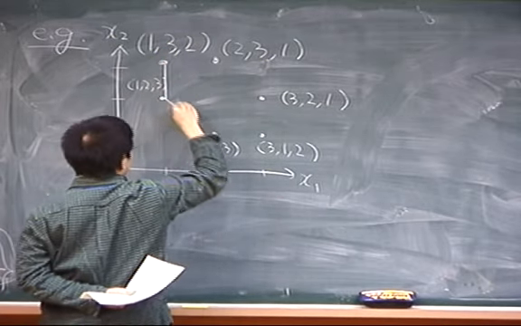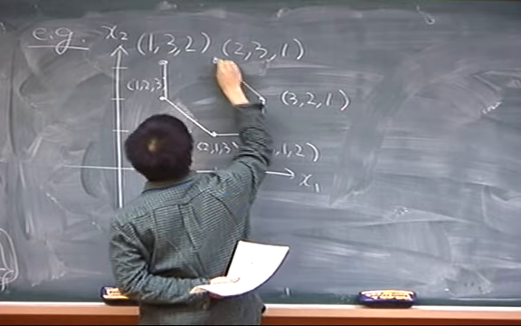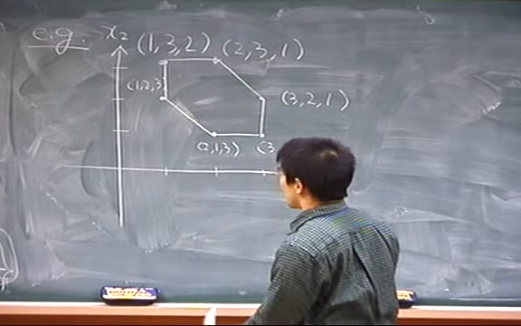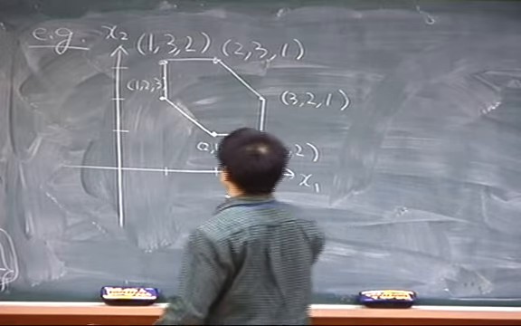So this is a Permutohedron of order 3. So this is P3.